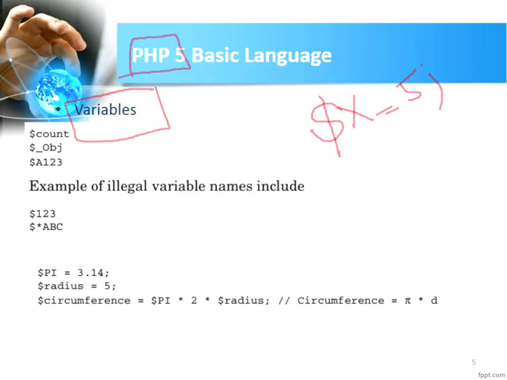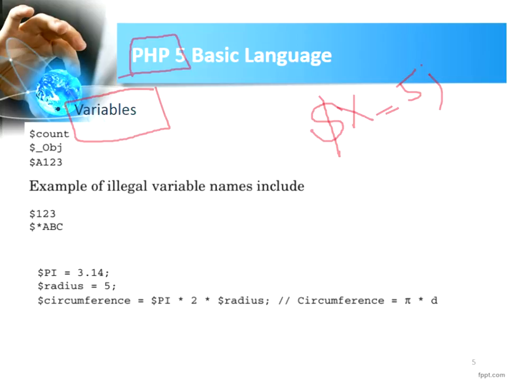So the name of the variable is x, and the value of the variable x is 5. We can use, for example, $count, $_object, $A123.